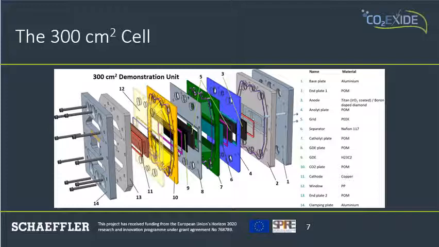As GDE number 9, the Freudenberg GDE type H23C2 coated with copper was chosen. The GDE was contacted by a copper element number 11. A window number 12 made of polypropylene was chosen to make the reaction in the CO2 gas chamber visible.